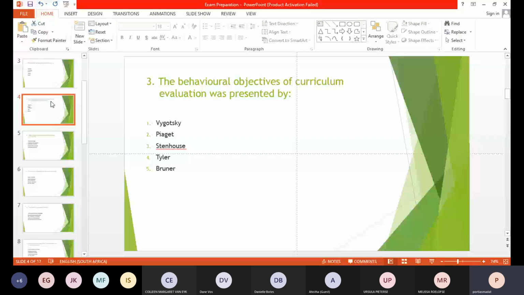This theorist only evaluated the behavioral objectives of this theory. So now we know it's not Skinner, so who do you think?